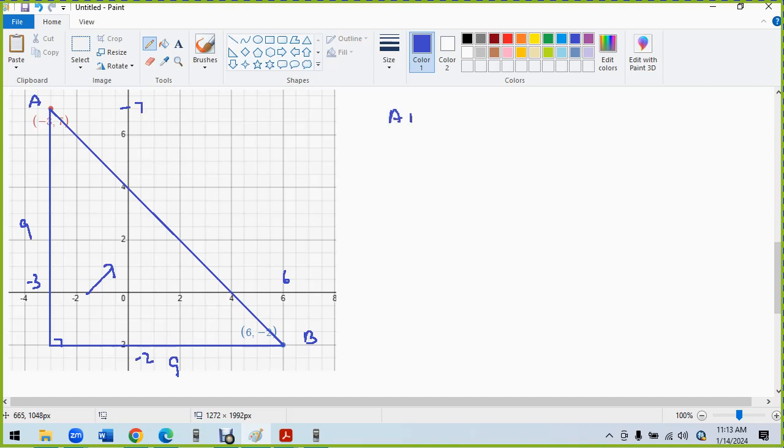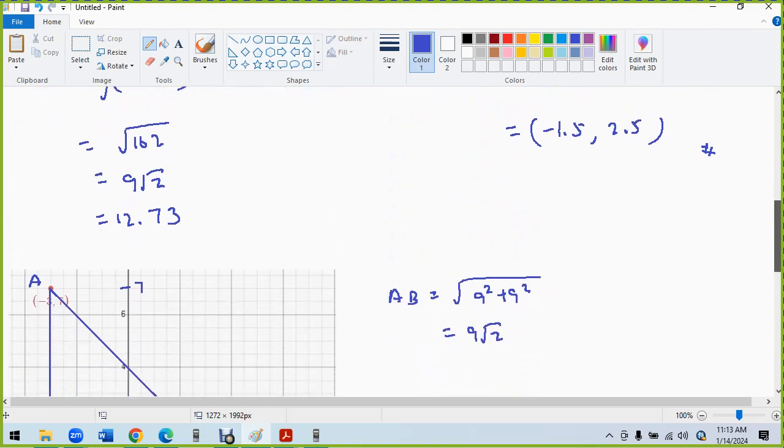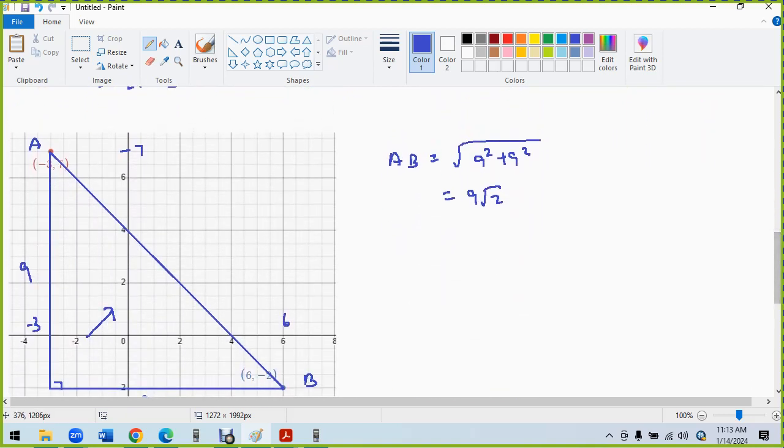So AB is the square root of 9 squared plus 9 squared, that is 9 square root 2. And the midpoint that we find is negative 1.5, 2.5, which is here. You can see that this point divides the two at the same distance.